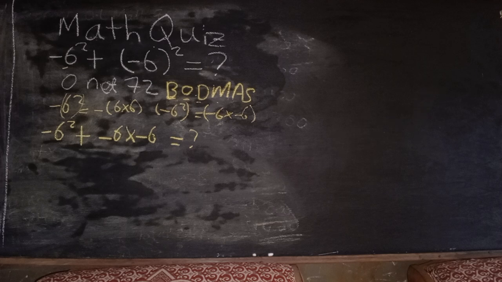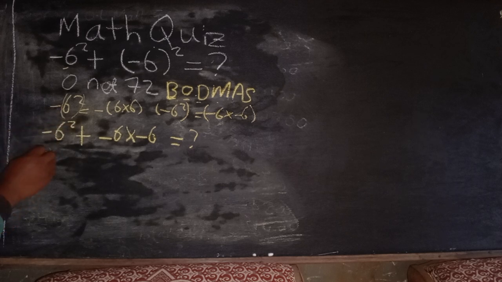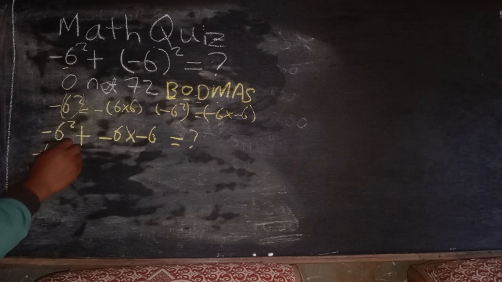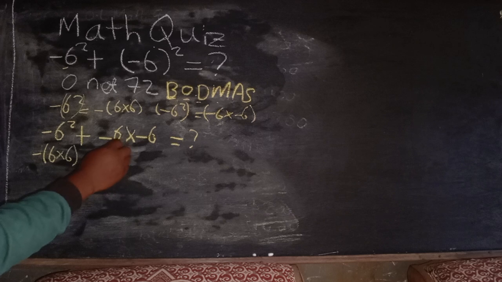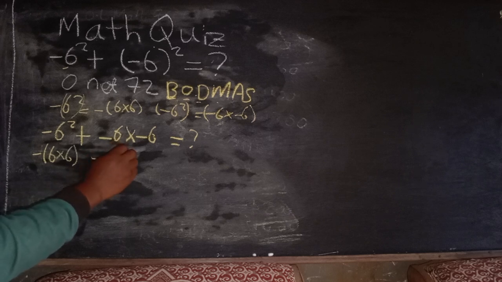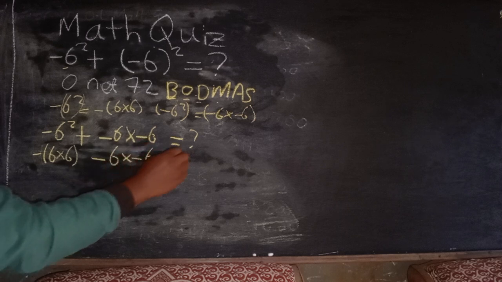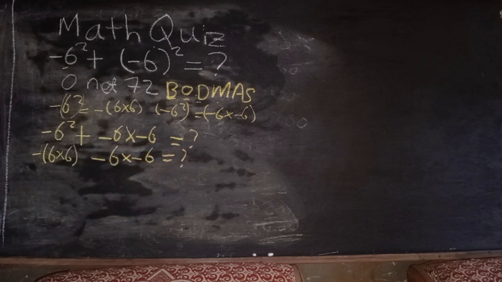Now, we come to this other exponent and express it. We will now have negative (6 times 6), plus -6 times -6.